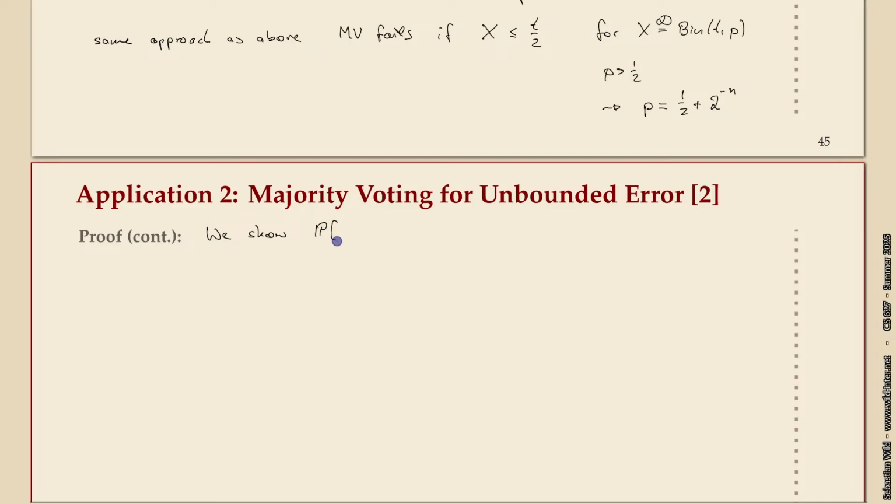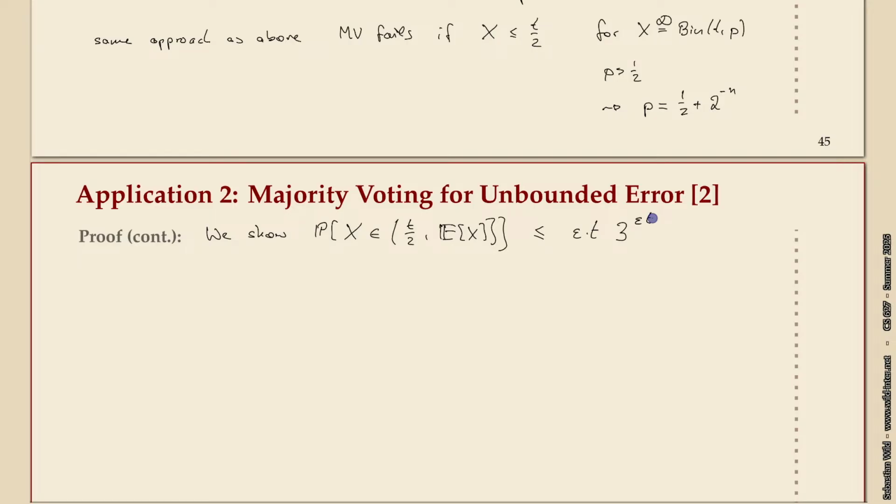First of all, we show that now if we take our x and we try to get into the range t half and the expected value of x, this is actually very unlikely. That's again gonna use Chernoff bounds.